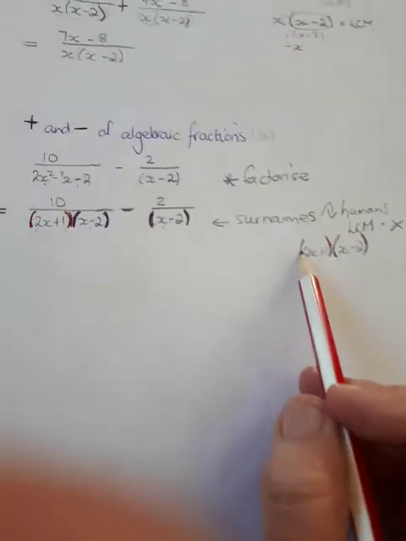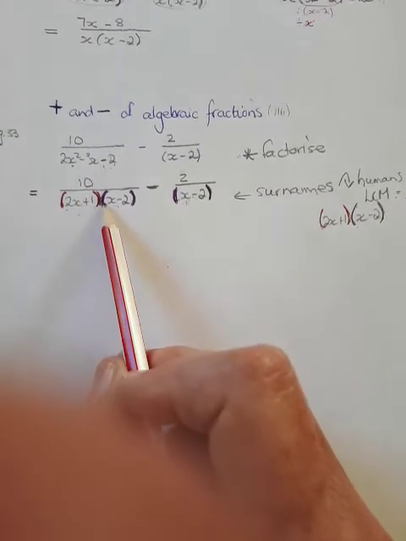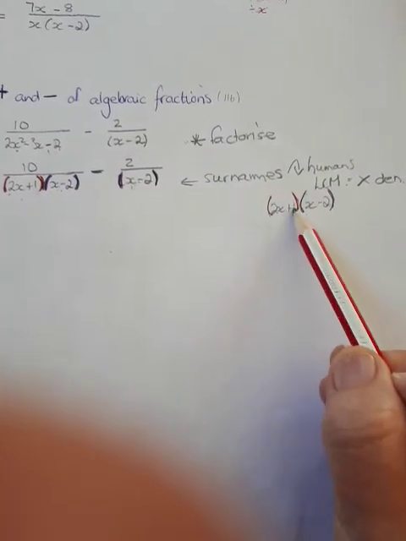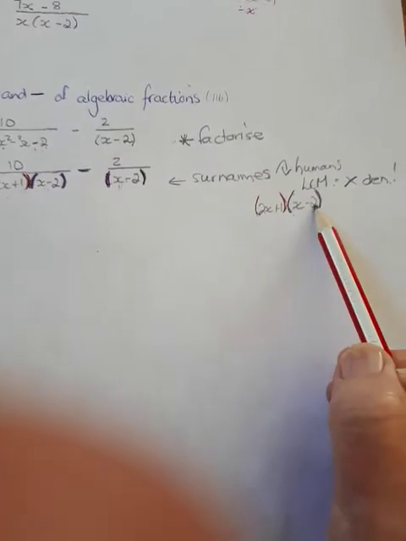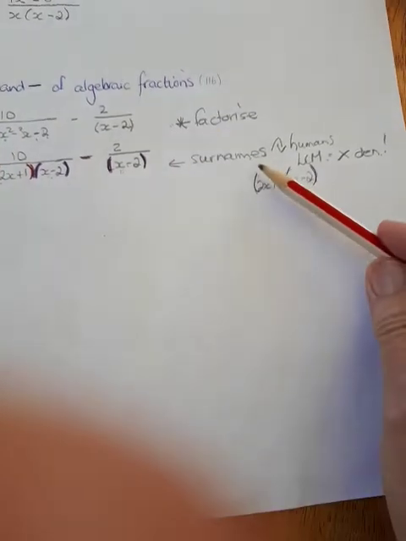So now remember that you must ask yourself, how do you get from 2x plus 1 times x minus 2 to 2x plus 1 times x minus 2? Or I told you, you look at what you have, you already got that bracket.